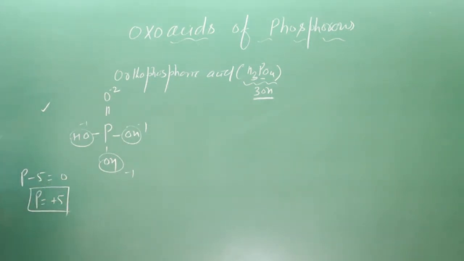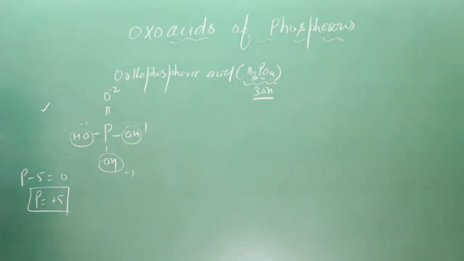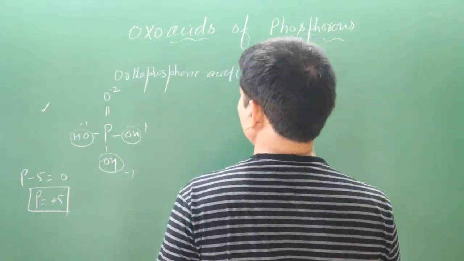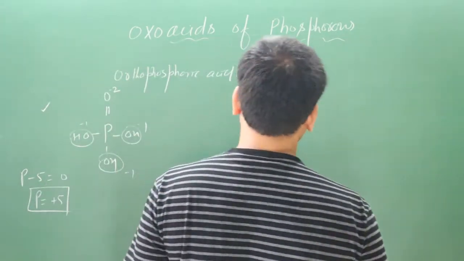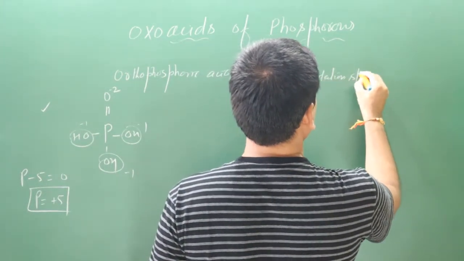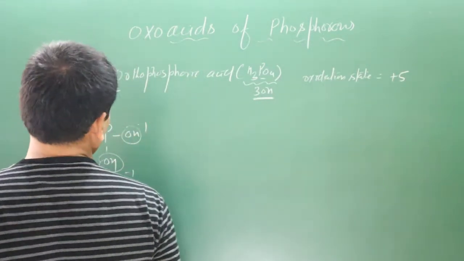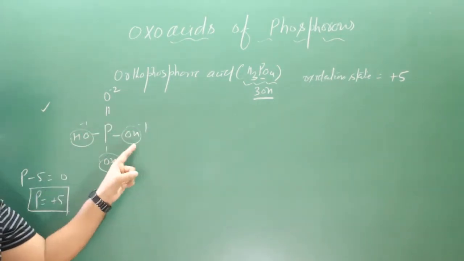You can see that in this oxoacid, phosphorus is present in its highest oxidation state. That means it acts as a strong oxidizing agent, because it will always undergo reduction in any chemical reaction. The oxidation state is +5. Now we talk about basicity. The number of hydroxyl groups present is 3.